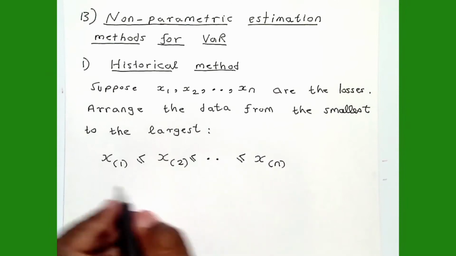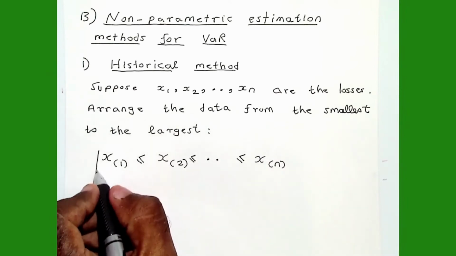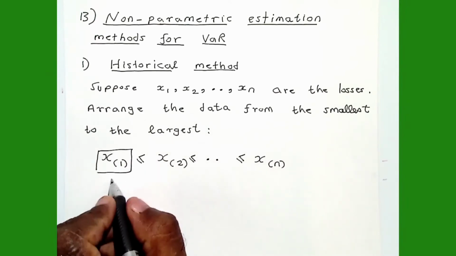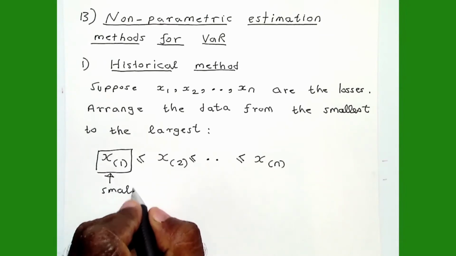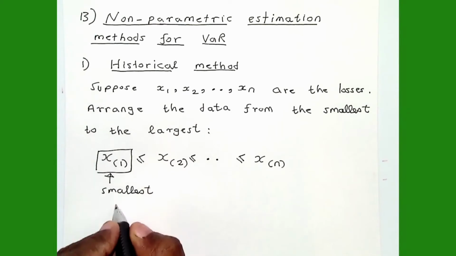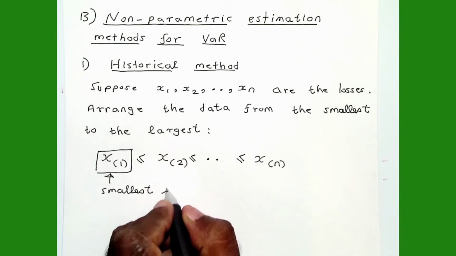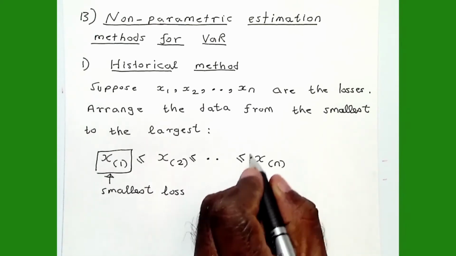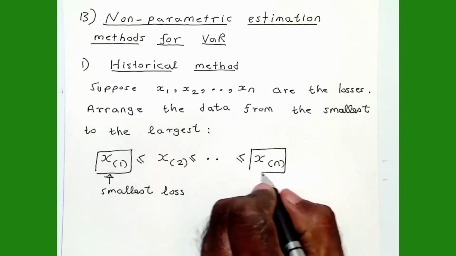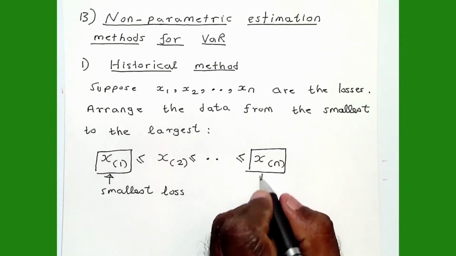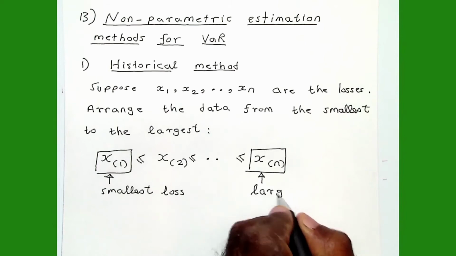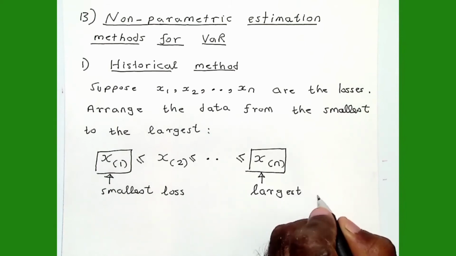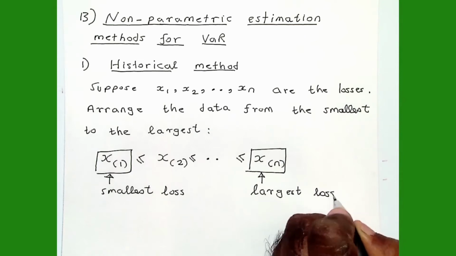So this is the smallest data value, the smallest loss, and this is the largest loss.